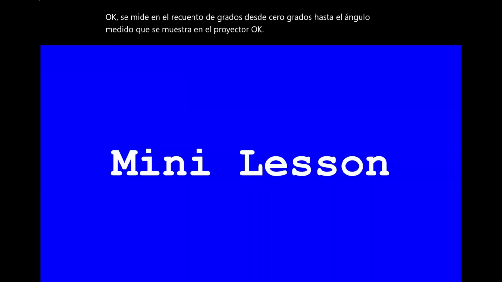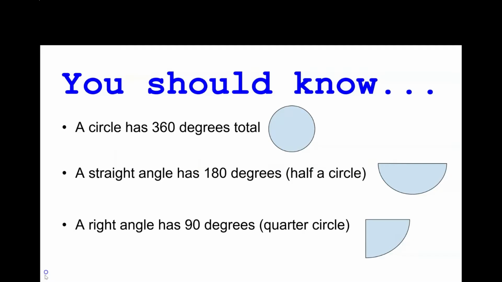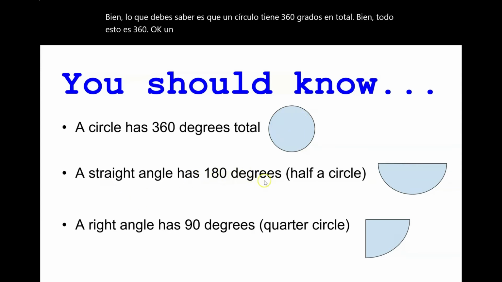All right, let's go ahead and look at our mini lesson. Okay, what you should know is a circle has 360 degrees total, okay? So the whole thing is 360. A straight angle has 180 degrees. Remember, that's a line.